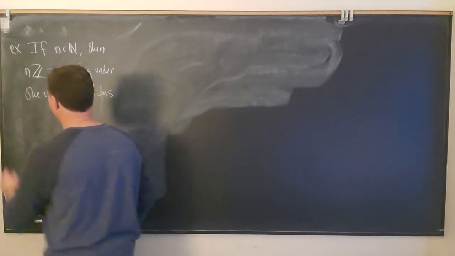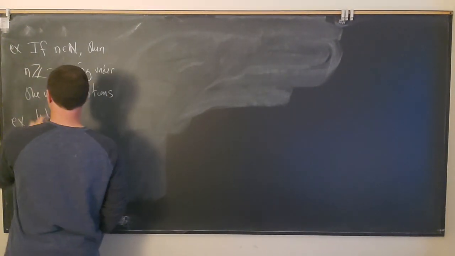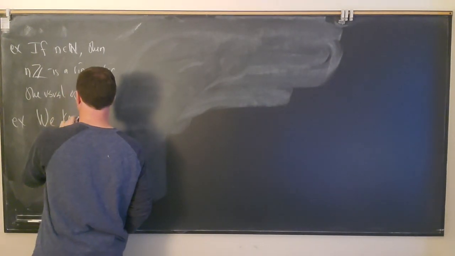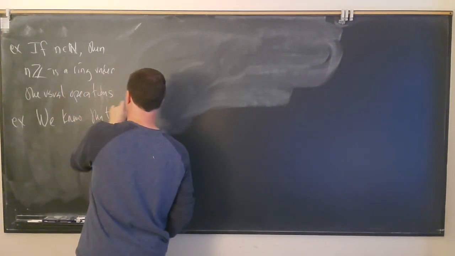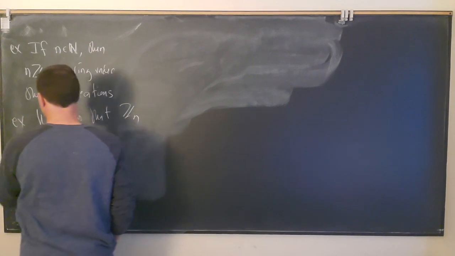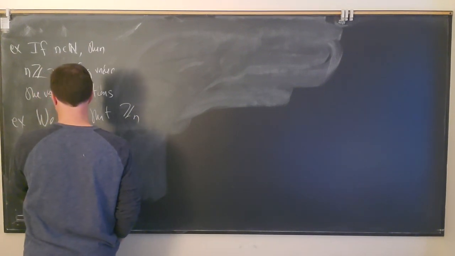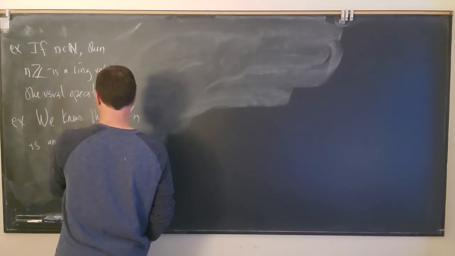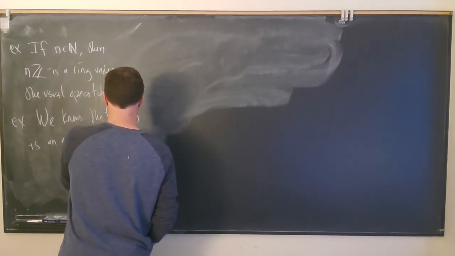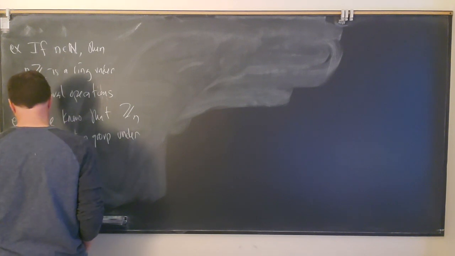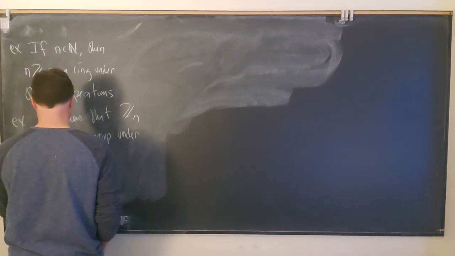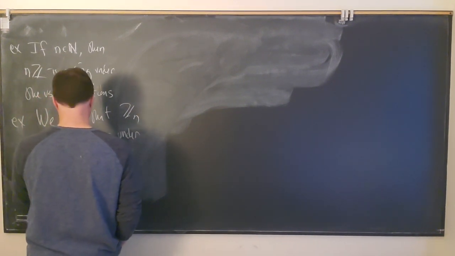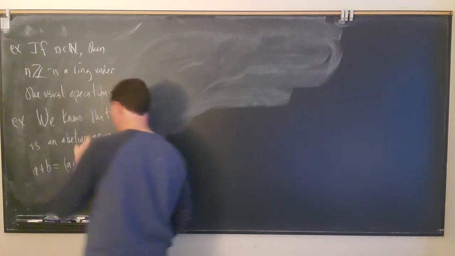Next example. We already know that Zn is an abelian group under the operation a plus b equals a plus b mod n.